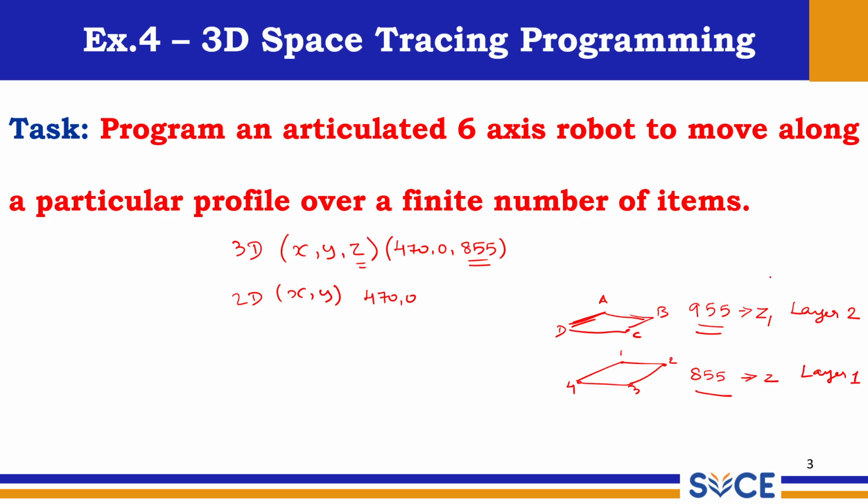So for layer 2 we declare 4 points, and for layer 1 we declare 4 points. Total 8 points plus 1, which is P home. We'll declare all these points and do the programming. It is as simple as this.